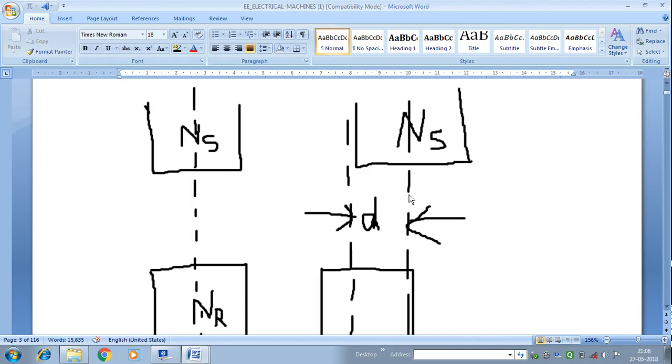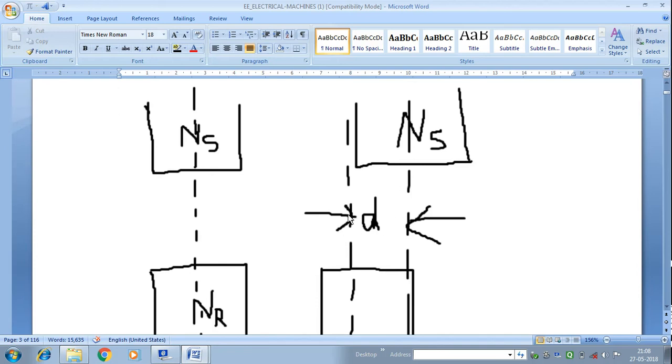But when the load suddenly changes, already we know that the synchronously rotating magnetic field always rotates at a constant speed, that is, the synchronous speed. This axis always remains constant, but the rotor magnetic field axis falls backward when the load increases. This happens during the transient condition.